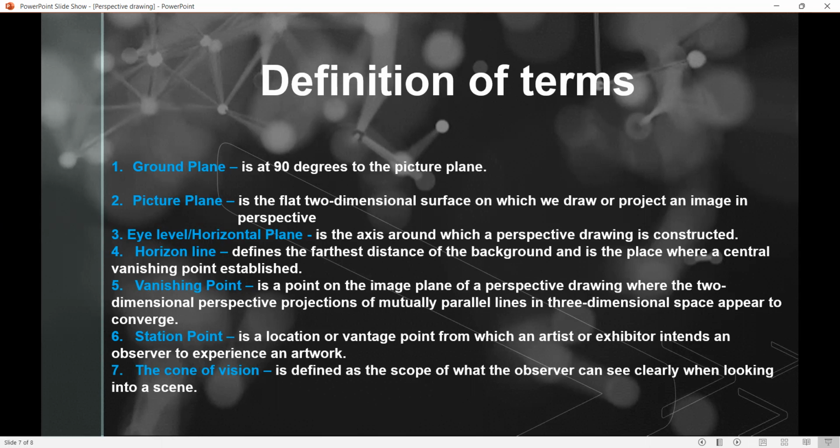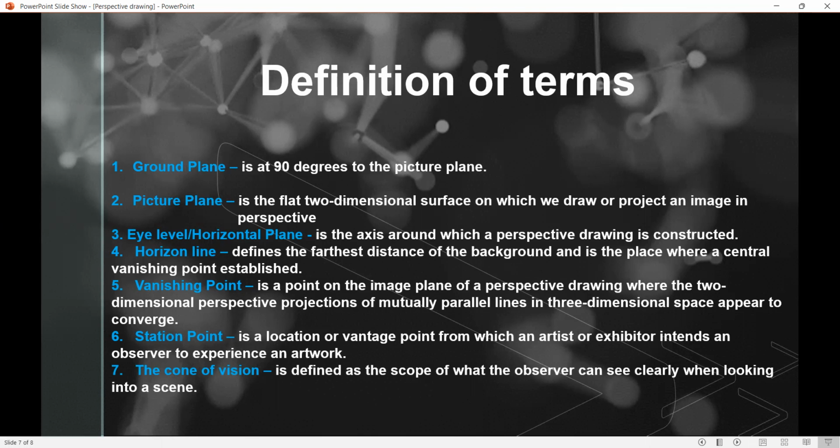Horizon line defines the farthest distance of the background and is the place where a central vanishing point is established. 5. Vanishing point is a point of the image plane of perspective drawing where the two-dimensional perspective projections of mutually parallel lines in three-dimensional space appear to converge.